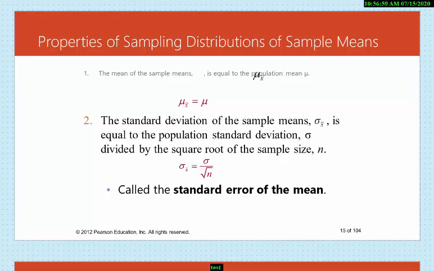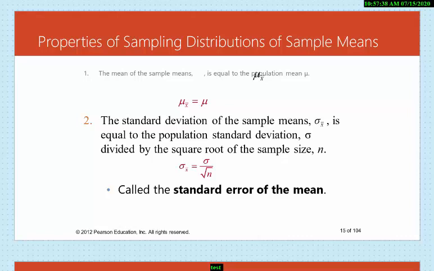So, let me recap here. The central limit theorem tells you two things. It gives you some relation between the mean of the sampling distribution and the mean of the population. It also gives you some relation between the standard deviation of the sampling distribution and the standard deviation of your population. The relation is the following. The mean of the means of your sampling distribution is the same as the mean of the population.